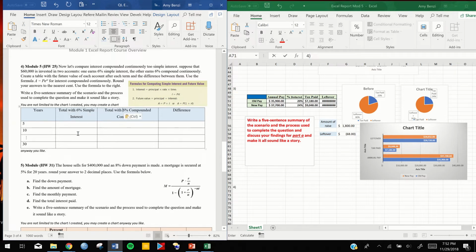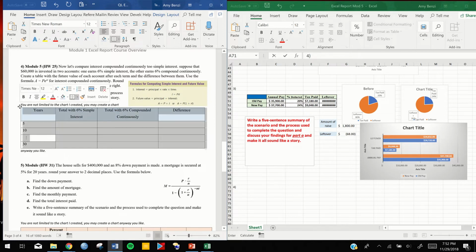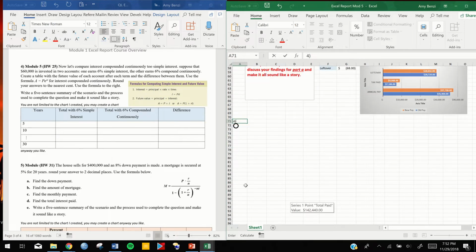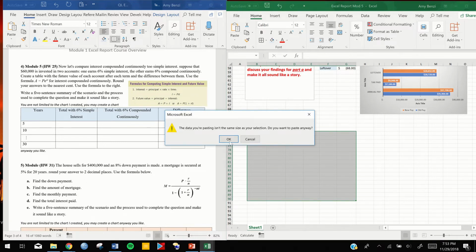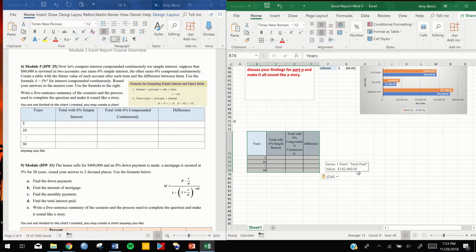I could add a lot more columns and put in different specific information, but you'll see where we're going with this here in a second. All right, so again, the coveted copy and paste, but I will remind you that I did create that chart on the exam.